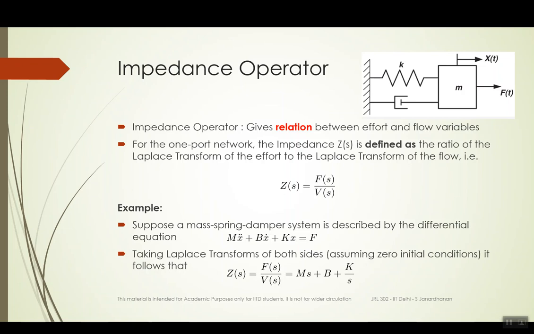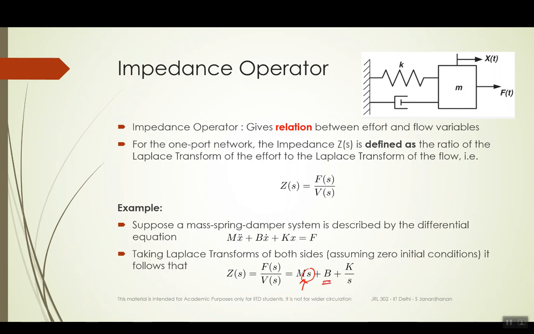Now, if you take the example of a spring mass damper system, the mass, as I said, was affecting the derivative of your flow variable, that was velocity. So you have m into s, where s is indicative of the Laplace transform of a derivative operation.